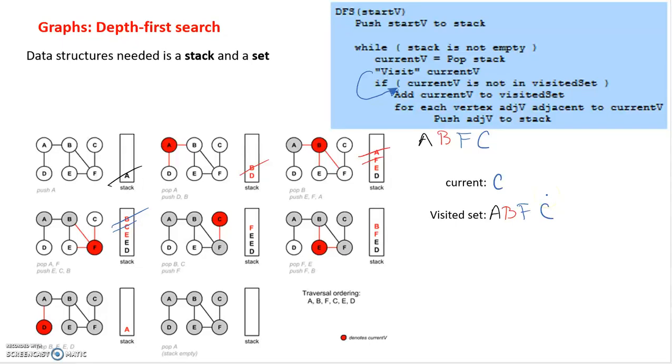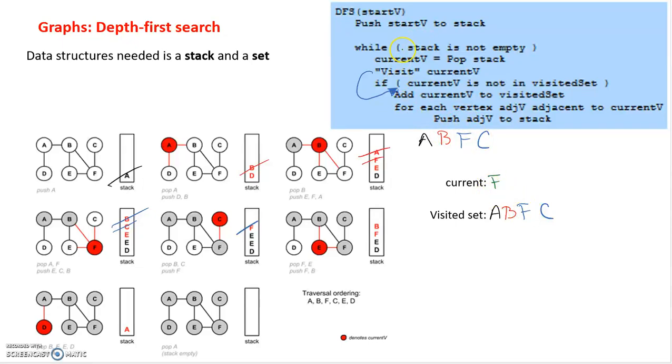So what are the vertices adjacent to C? The only thing that you have is F. F is pushed on top of the stack, and then you go back to the top of the while loop. Stack is not empty. You pop the next element, which is F. You bring it into current vertex. F is already in the visited set, so nothing happens.